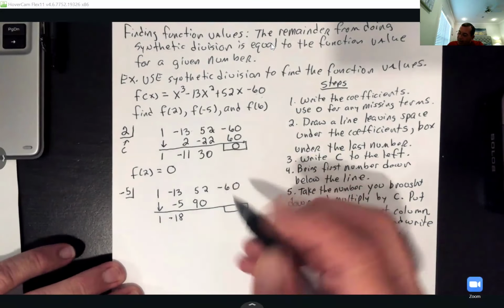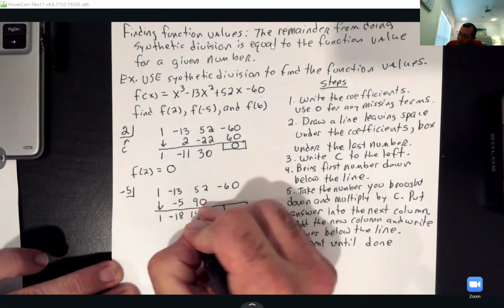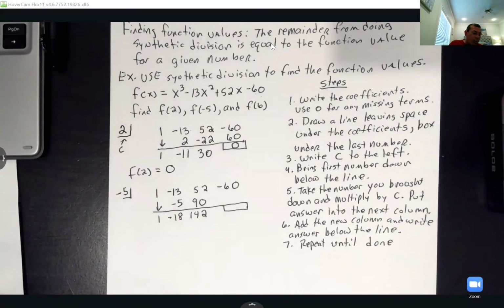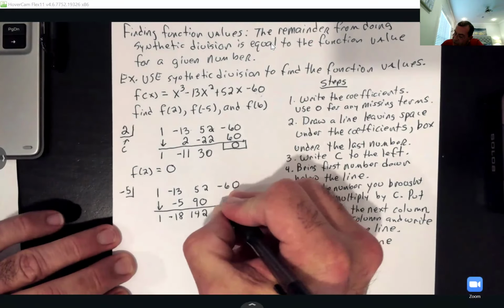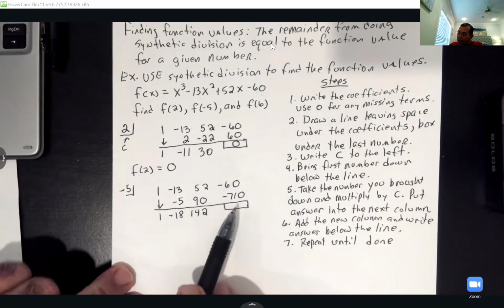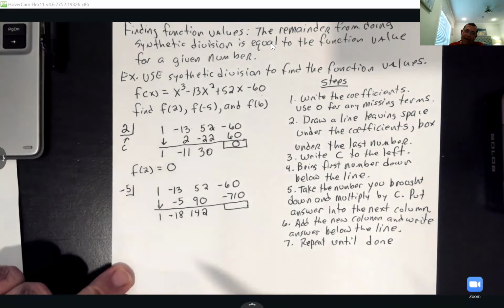Now, add that column. So it looks like we're going to get 142. And y'all got to do this one more time. That 142 times that negative 5 is going to give me a negative 710. So now when we add those, we will know what f of negative 5 equals.